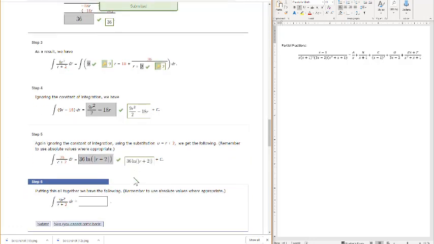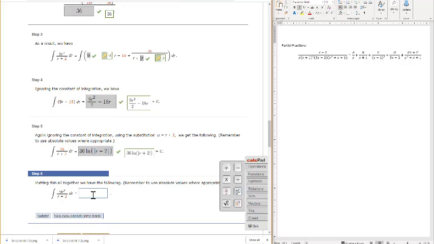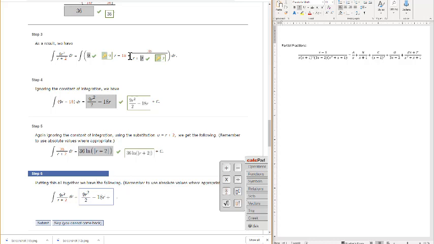And then we'll just put it all together. So we have 9r squared divided by 2, and then we have a minus 18r, and then we have our new thing that we're adding.